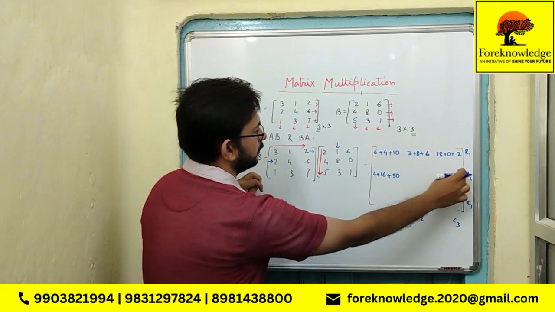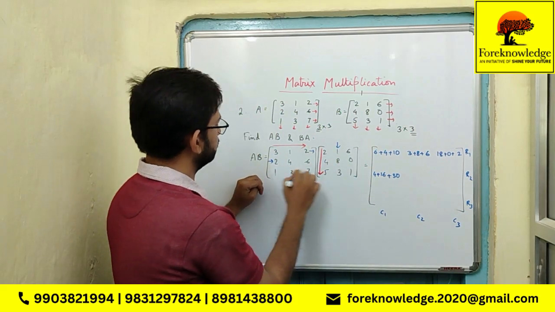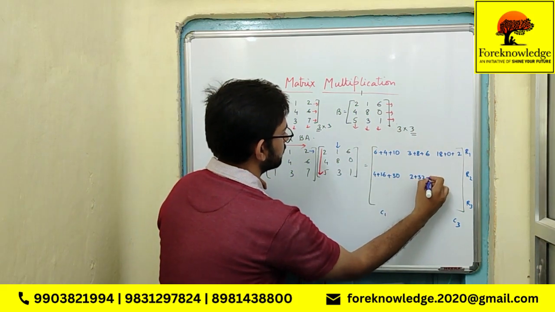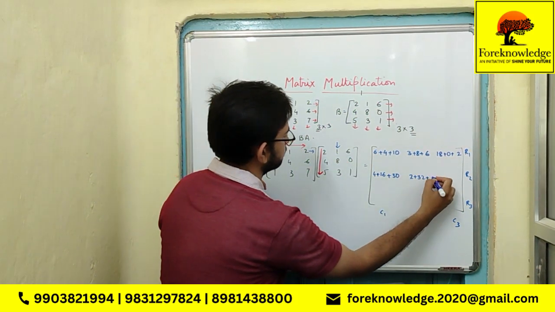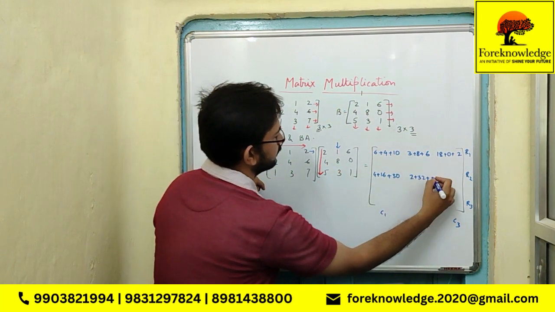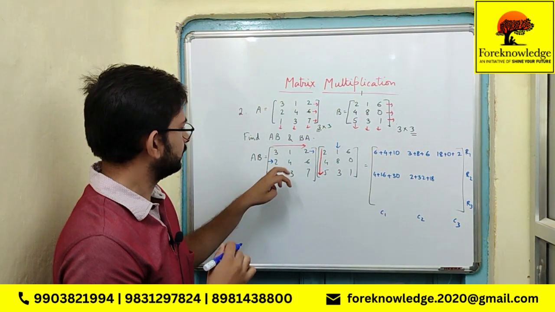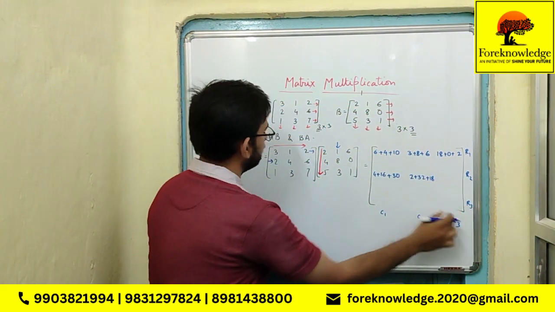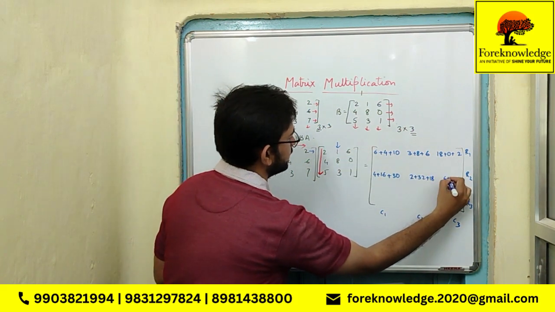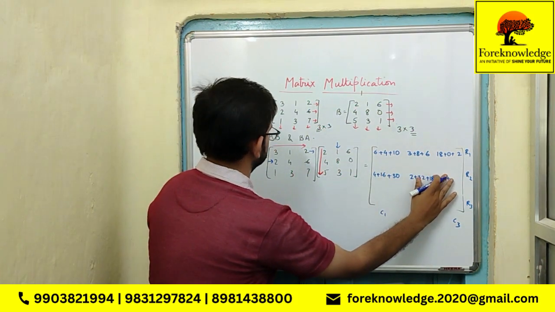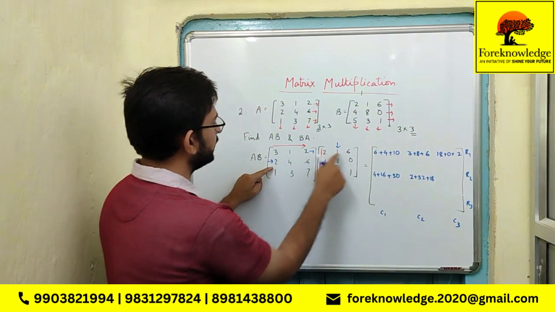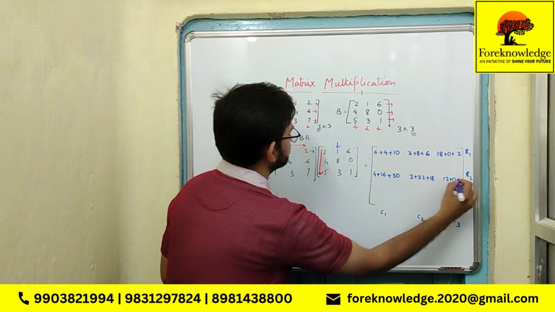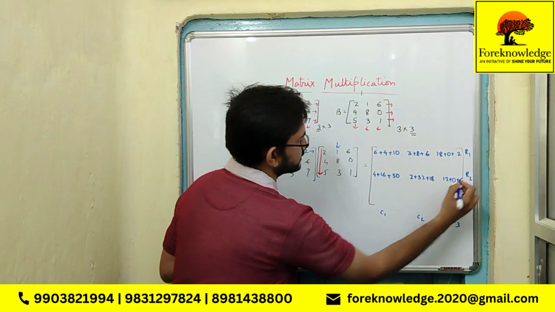Now row 2, column 2: 2 into 1, 2, plus 4 into 8, 32, plus 6 into 0, plus 6 into 3, 18. Row 2, column 2 is 18. Now row 2, column 3: 2 into 6, 12, plus 4 into 0, 0, plus 6 into 1, 6.